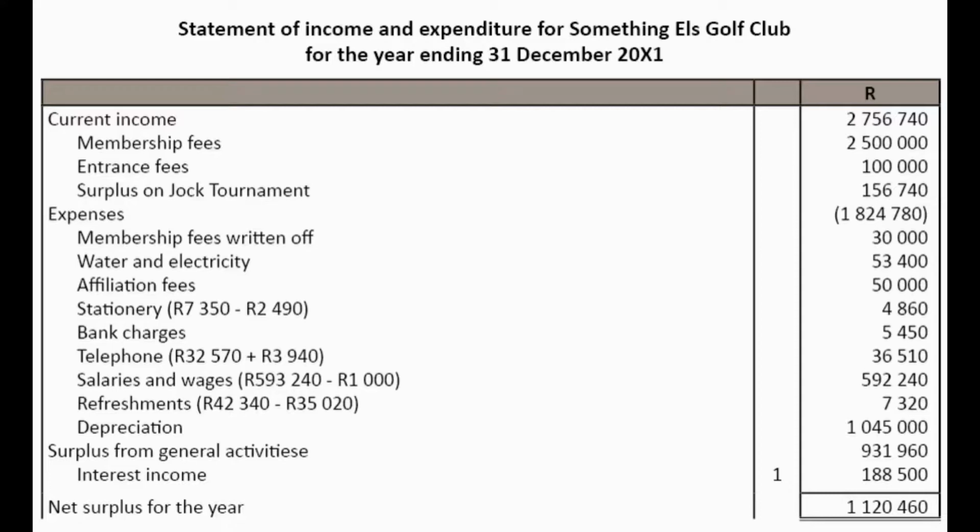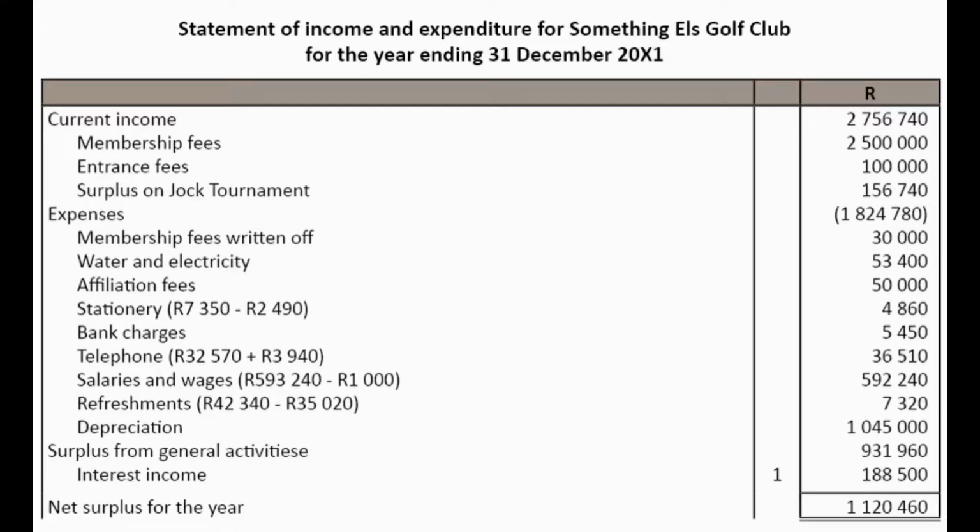All right. Then we get refreshments, the amount from the trial balance less the adjustment. And then we get an amount of 7,320.